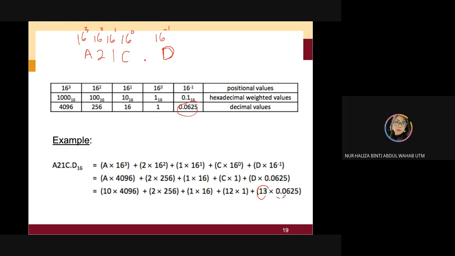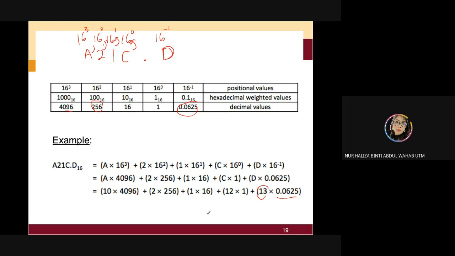13 multiply with 0.0625. And over here, C is 12. 12 will be multiplied with 1. 1 will be multiplied with 16. 2 will multiply with 256. And A, which is 10, will multiply with 4096.